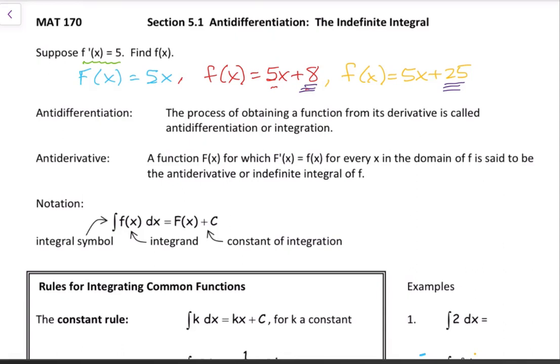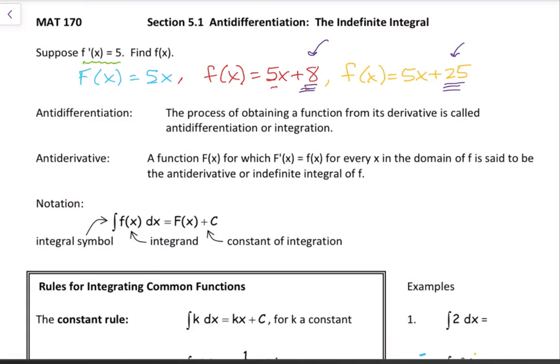So when I do anti-differentiation, or when I do integration, you actually come up with a family of functions as opposed to a single function, because there will always be this constant that I can add onto the function that I come up with, that will still have an equivalent derivative.